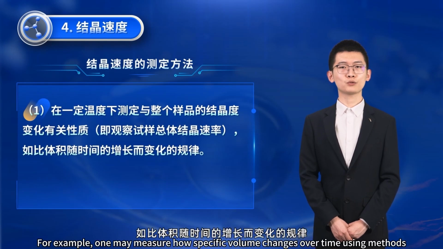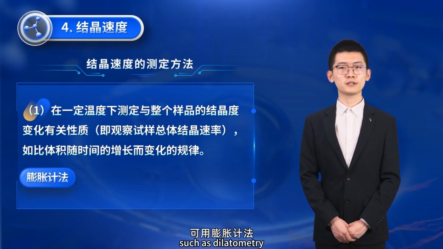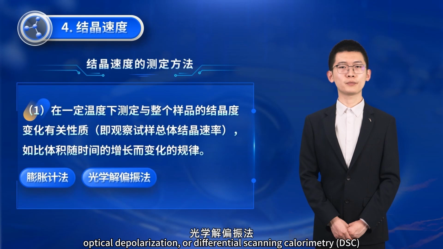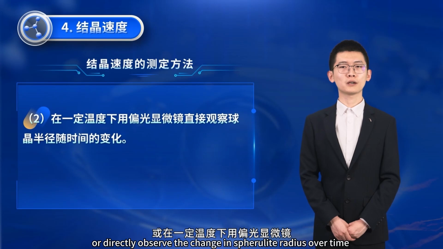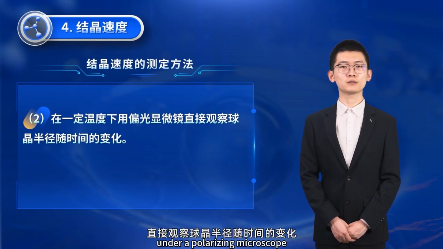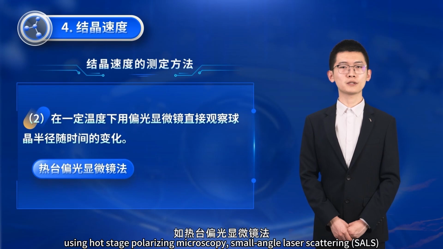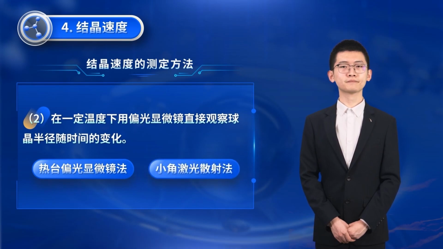For example, one may measure how specific volume changes over time using methods such as dilatometry, optical depolarization, or differential scanning calorimetry (DSC). Or directly observe the change in spherulite radius over time under a polarizing microscope using hot stage polarizing microscopy, small angle laser scattering, SALS.